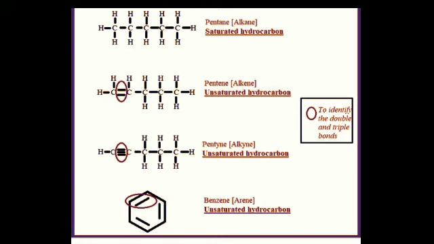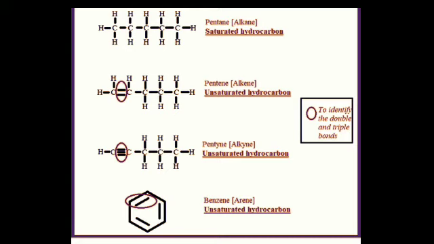The first step in writing the line structure of a hydrocarbon is to join the carbon atoms in the molecule with single bonds, and then in the second step use the hydrogen atoms in the molecular formula so as to fulfill the remaining valencies of the tetravalent carbon atoms.